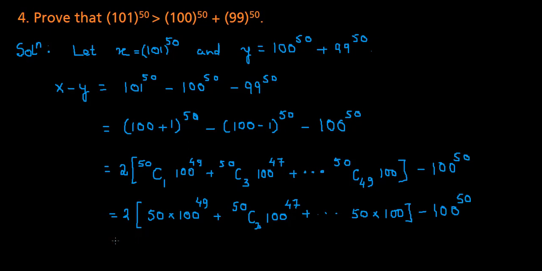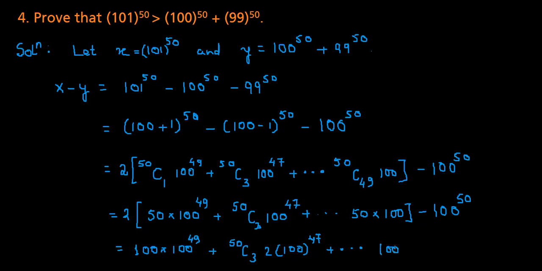Now we're going to distribute this 2. So this is 2 times 50, which gives us 100. 100 times 100 raised to the power of 49 plus 50c3 2 times 100 raised to the power of 47 plus the last term, which is 2 times 50 is 100.